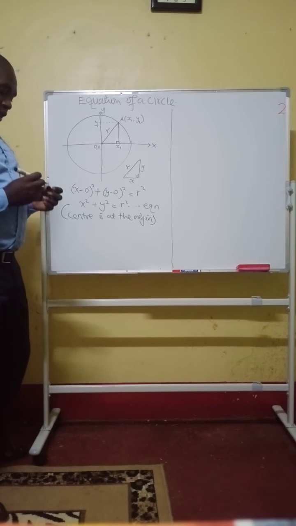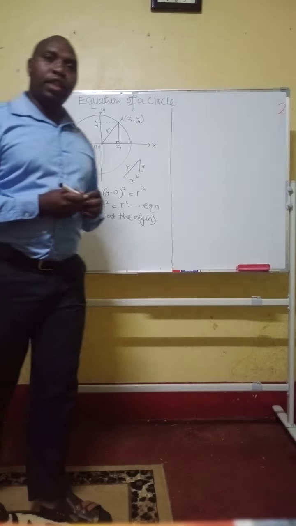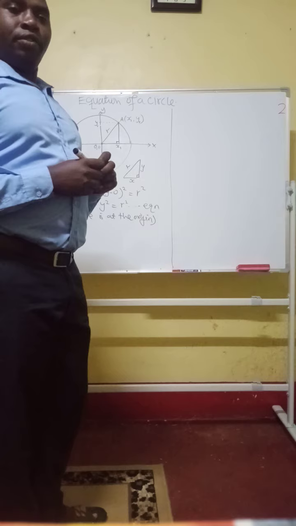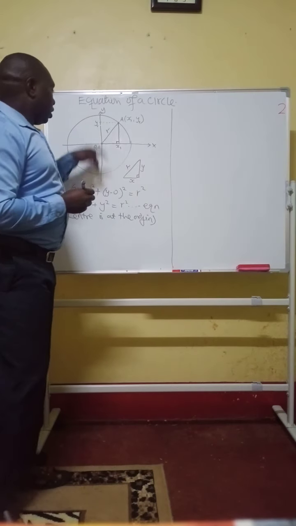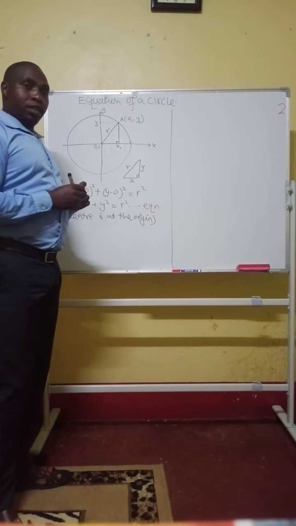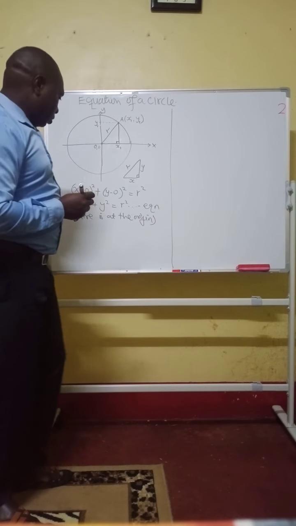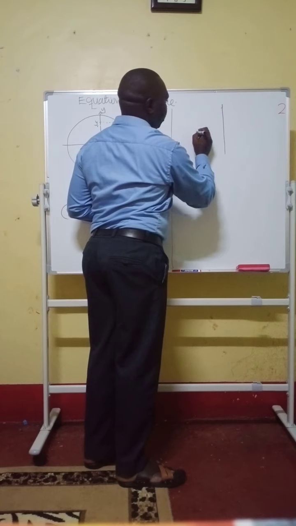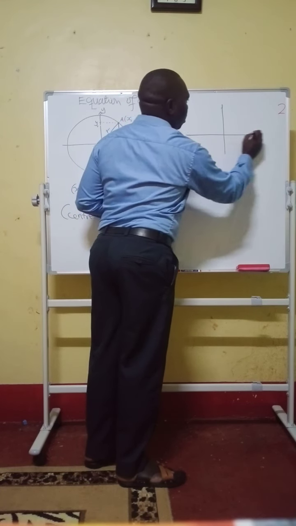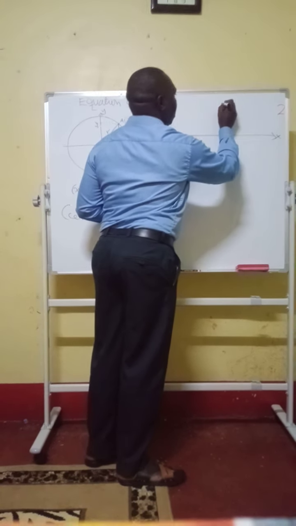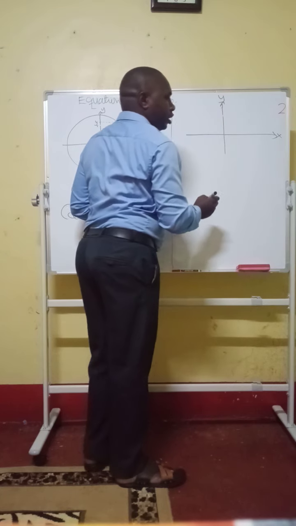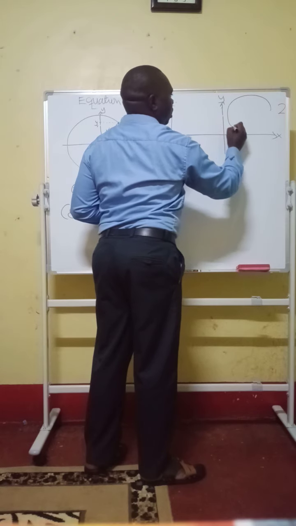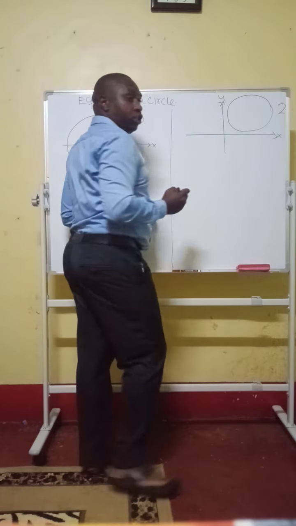Now we have the second situation whereby the circle is drawn outside the center of the Cartesian plane, that is the origin. For example, we can have our Cartesian plane, that is x and y axis, and our circle is drawn at a point in such a particular region.